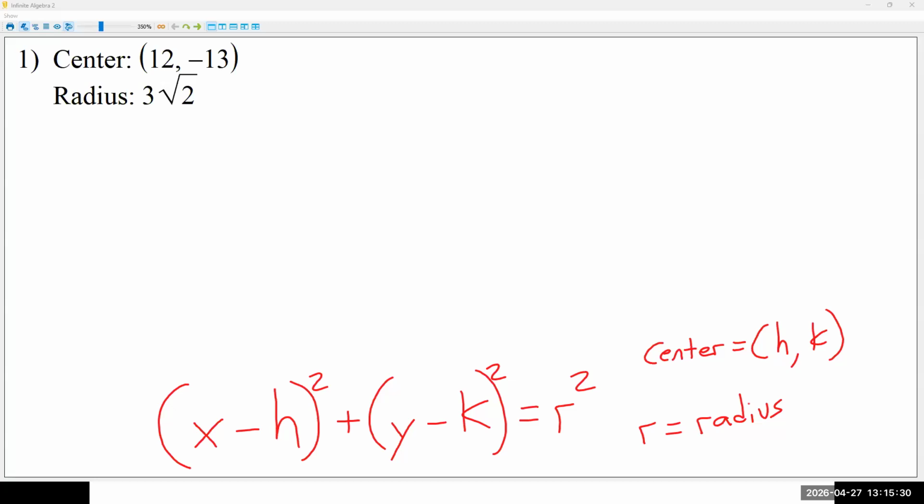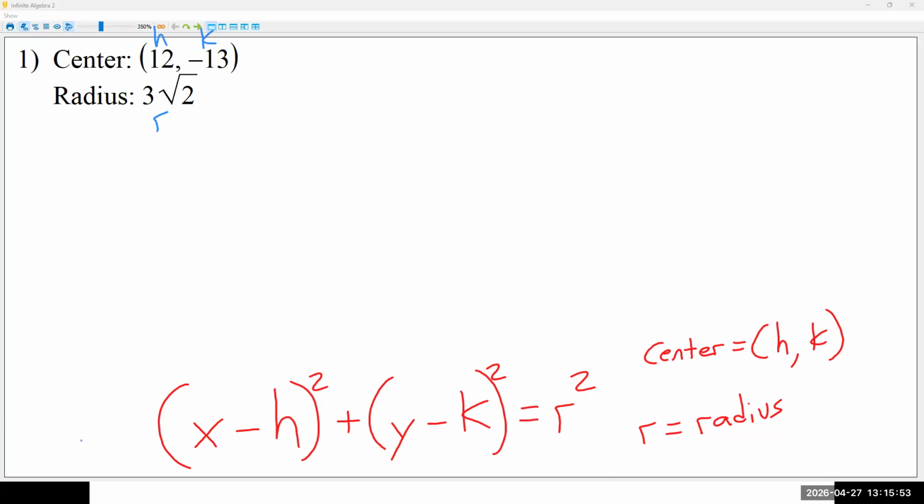Okay. So first thing we're going to do is come up with the equation of a circle given the center and the radius. All we're doing is just plugging these things into our formula. So we'll identify what's h, what's k, what's r. Well, there's h, there's k, there's r. So let's plug in.